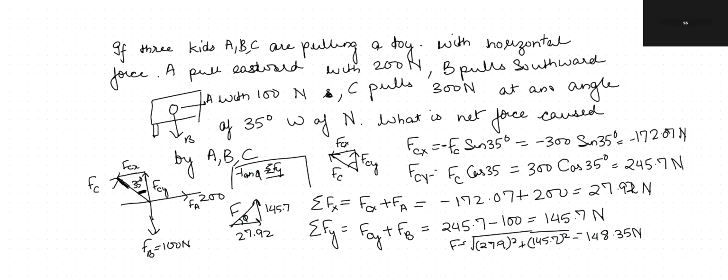So that will be 145.7 over 27.9. So theta would be 79.15 degrees north of east, this angle. Okay. It will be north of east here.